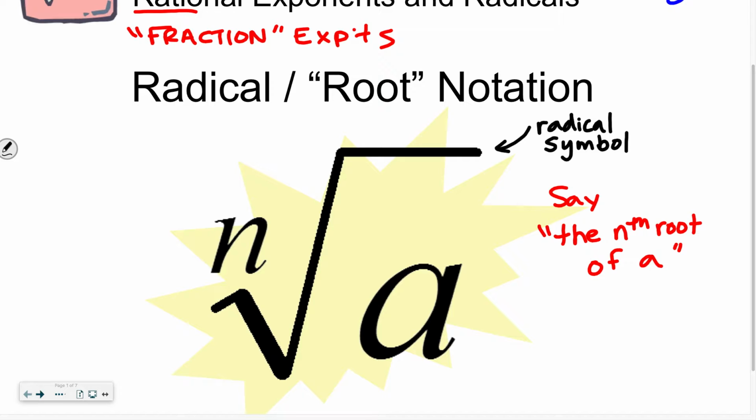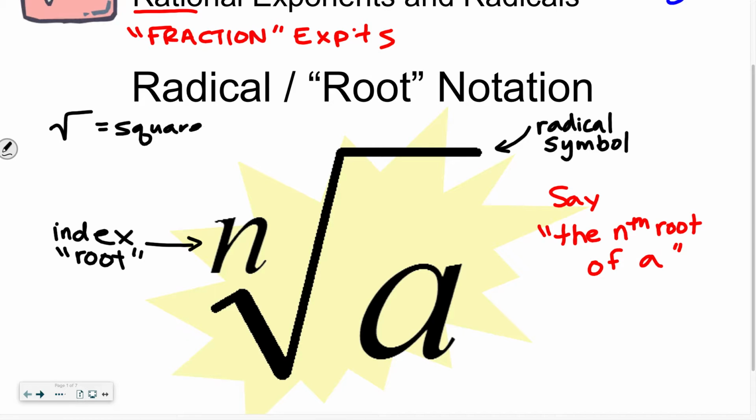And out front, this is called an index. Sometimes we can refer to it even as the root. Now, the one root that you're super familiar with is the square root, right? What sometimes confuses people is that the square root looks like it doesn't have an index. The reason we don't write the index on the square root is because we use it so often.